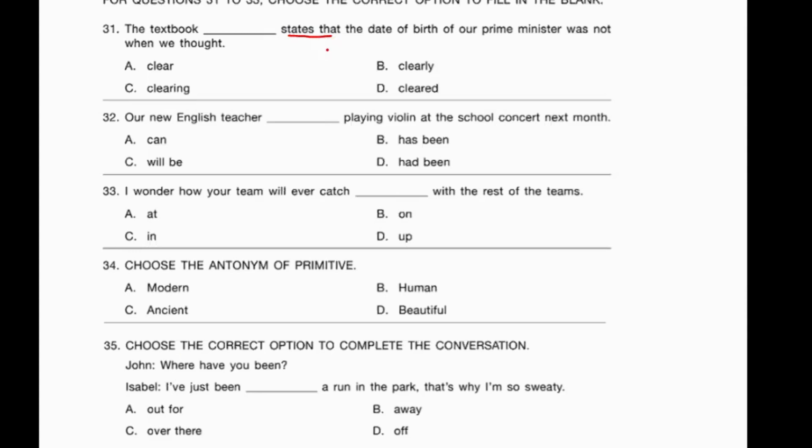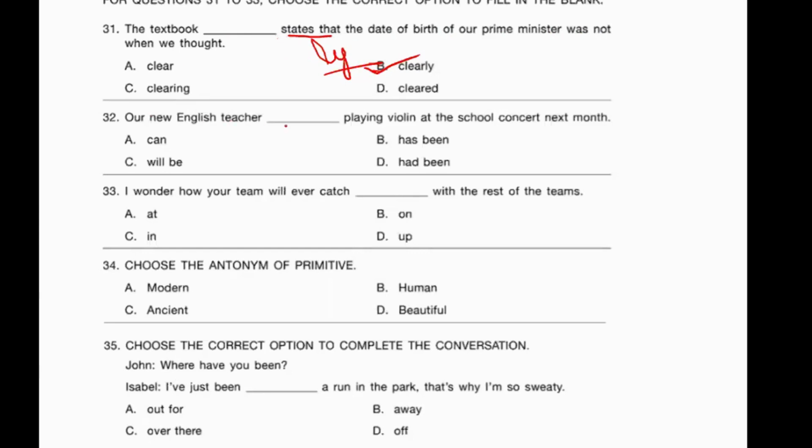As I've told you, most adverbs have ly at the end. So where do we find it? In the second option. The textbook clearly states that the date of birth of our Prime Minister was not when we thought. So clearly is the correct adverb that we have to use in the blank.